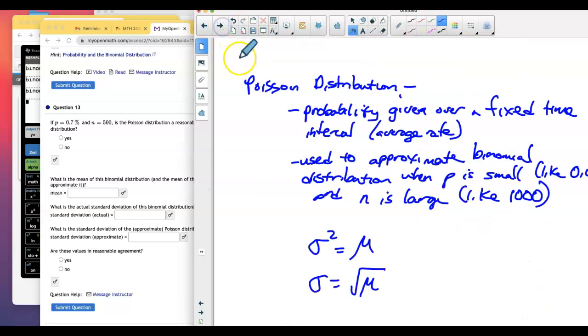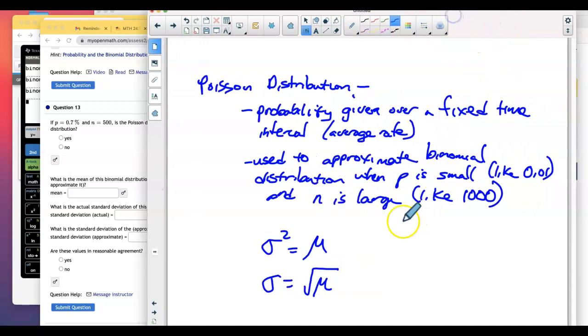All right, now when we get to this problem down here in 13, we're talking about Poisson distributions. Poisson distributions are where we're given an average rate over a fixed time interval, a probability that's given through the average. We use it to approximate the binomial when p is small, like 0.01, and n is large, like 1,000.